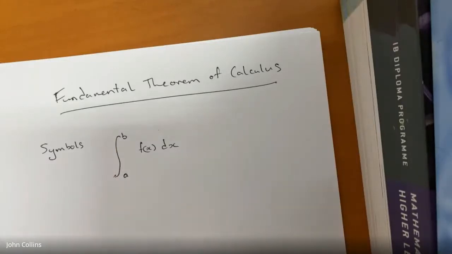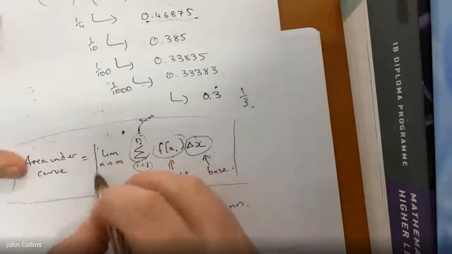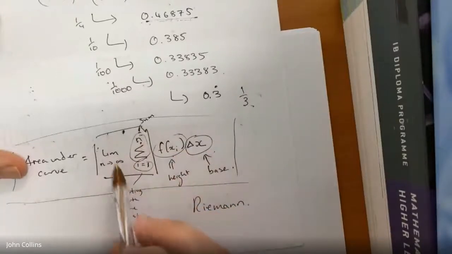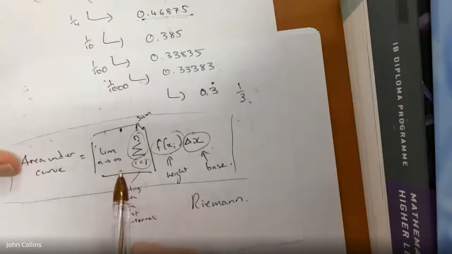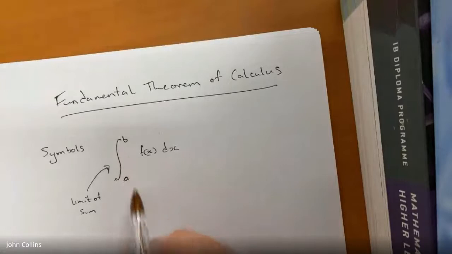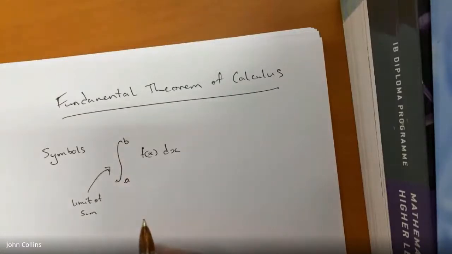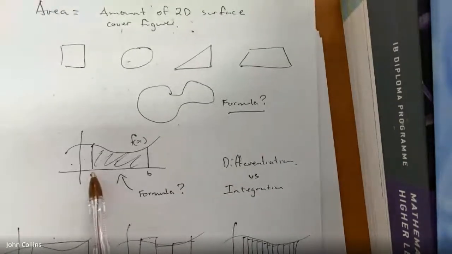Technically it's the limit of the sums. So what we wrote on the previous page, this bit, that's what that means. The limit of the sums from a to b. Now we already looked at what a and b might represent in our first diagram.